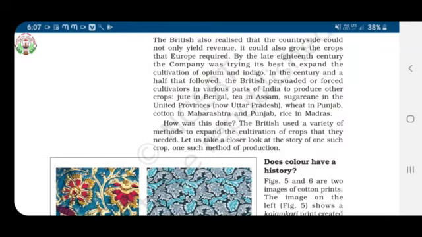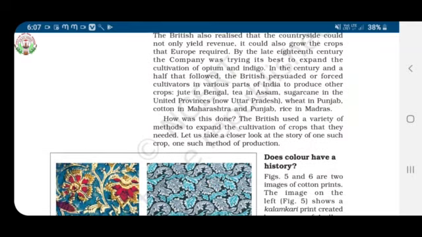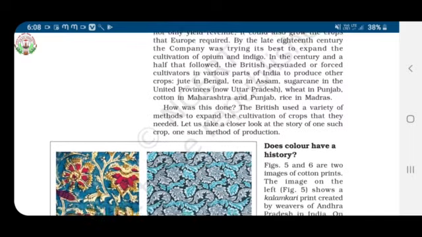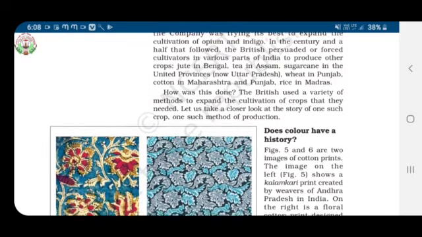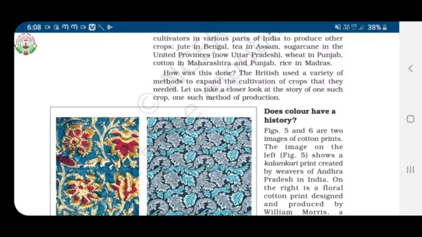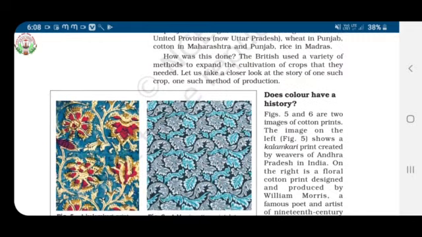And indigo, in the century and a half that followed, the British forced cultivators in various parts of India to produce other crops such as jute in Bengal, tea in Assam, sugarcane in the United Provinces, now Uttar Pradesh, wheat in Punjab, cotton in Maharashtra and Punjab, rice in Madras. So, the British used a variety of methods to expand the cultivation of crops that they needed.